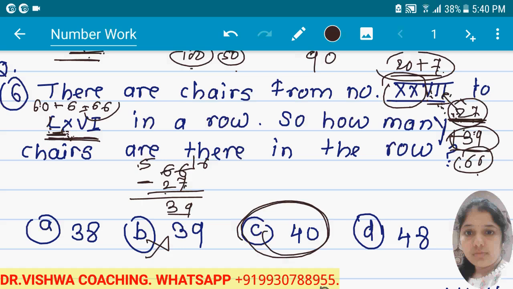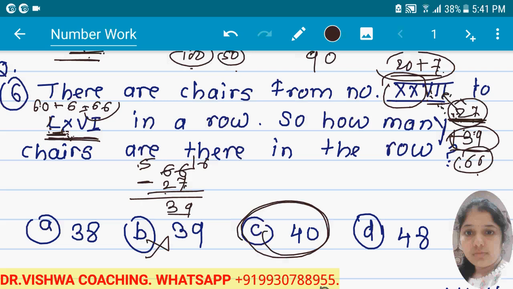And the mistake which students always make is this only. They just find out both the numbers, they find the difference between the numbers, and they click the answer in a hurry. But see, there are chairs and they had asked for all the chairs, the number of chairs. So you have to count the first chair also, from which we go to chair number 66.